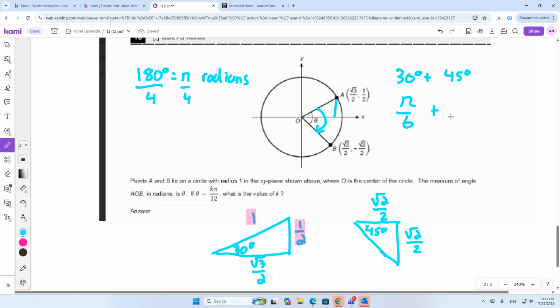It really helps you, make this stuff easy. So this is going to be pi over 4, okay? And then remember the fraction trick, this times this plus this times this. So I get 4 pi plus 6 pi, so I get 10 pi over 24, and that's going to be 5 pi over 12. So the answer is 5, okay? K equals 5, okay? Good job.